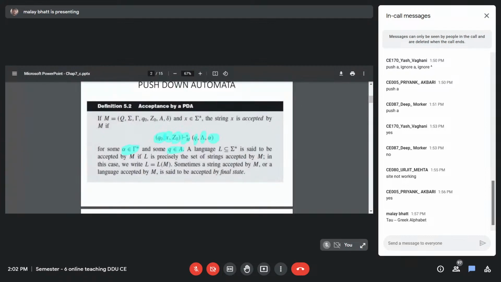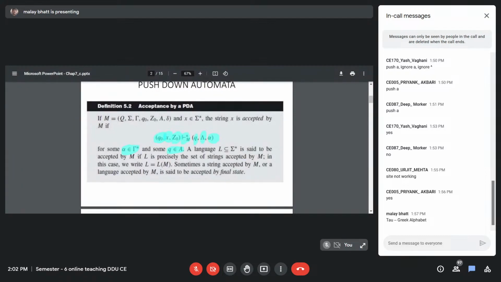Both must have the same set. The set of strings in the language L and the set of strings in the machine M must be equal. None of them can be the superset. All the elements in L must be accepted by M, and no extra element is accepted by the machine. That is how we can say it is acceptance by a PDA, push down automata.